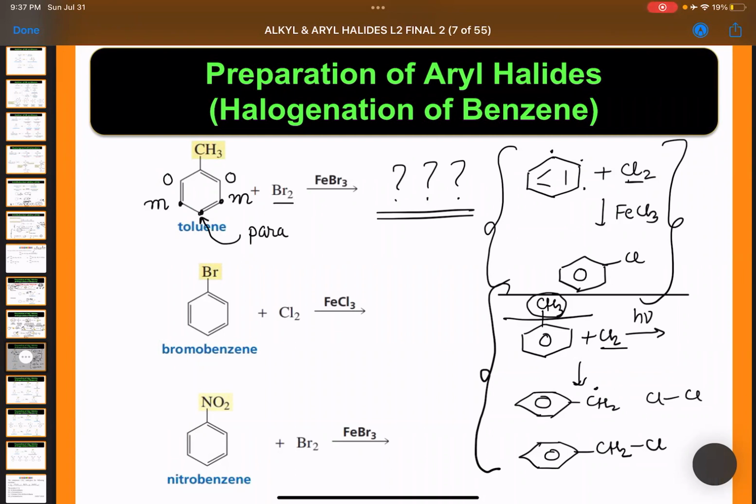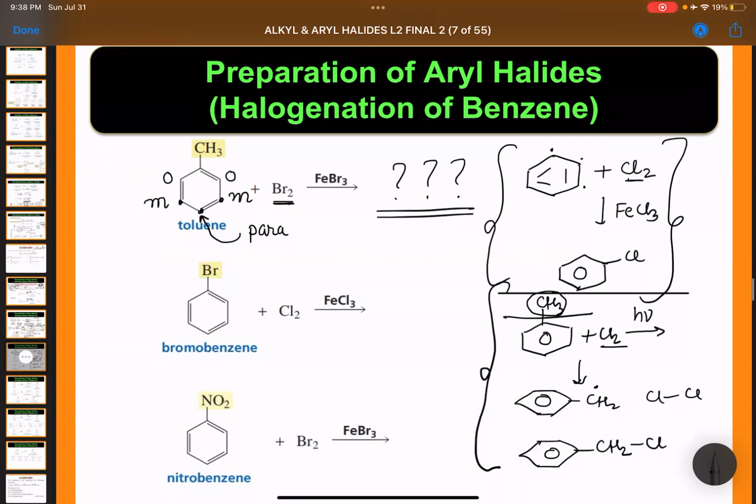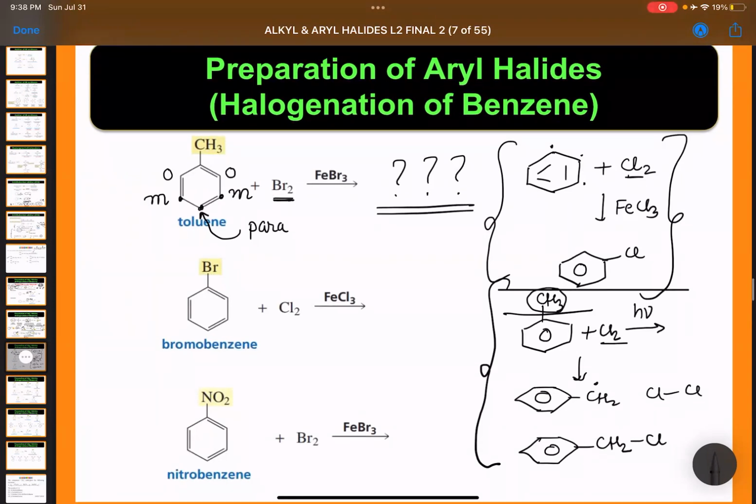So Br plus will be created, and where should I put this Br plus? Tell me. Samaira, any idea? Hanifa, Darshan and Nabil. Where should I put Br plus with respect to methyl? Should I attach it at ortho position, meta position, or para position? Or anywhere, it doesn't matter? What should be the answer?